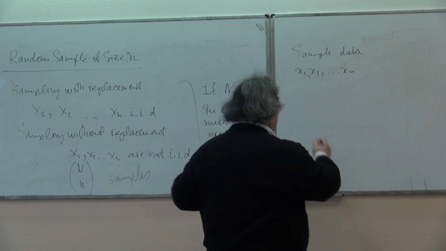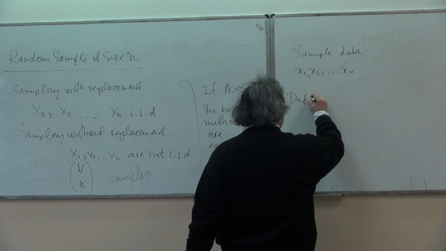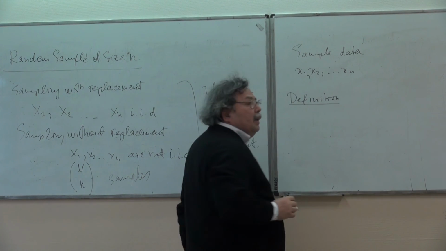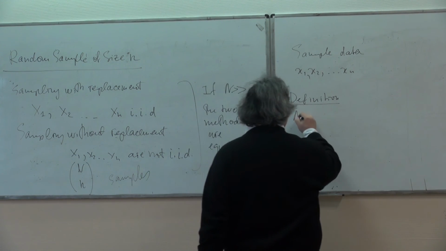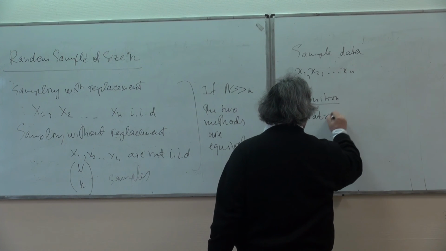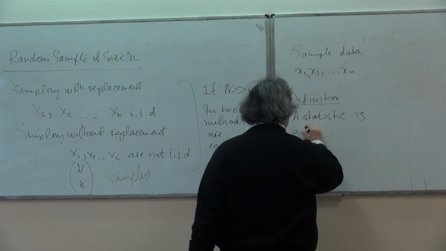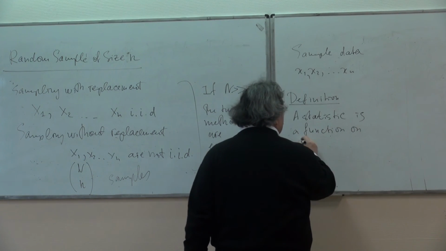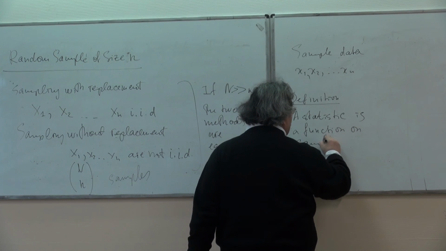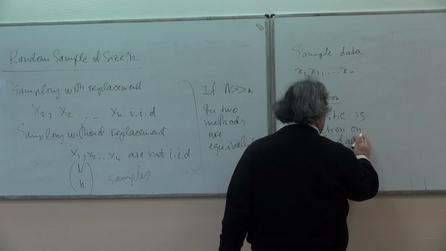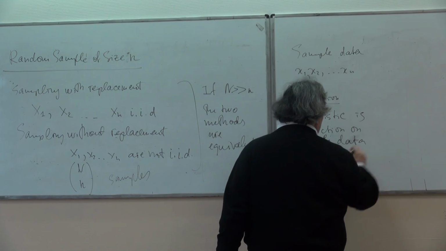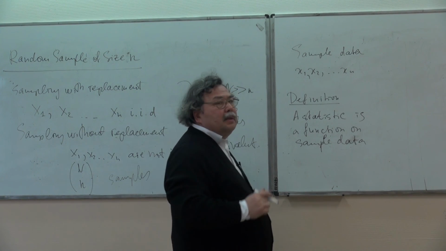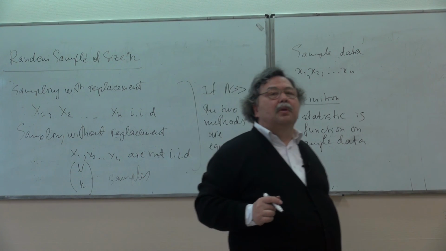Sample data. Now, we are going to use this definition. A statistic is a function on sample data. So we have this sequence of numbers, x1, x2, up to xn.